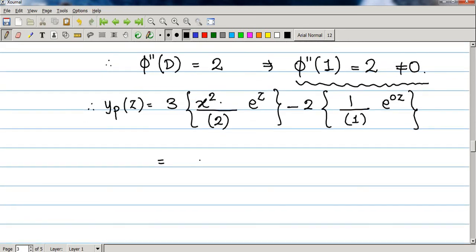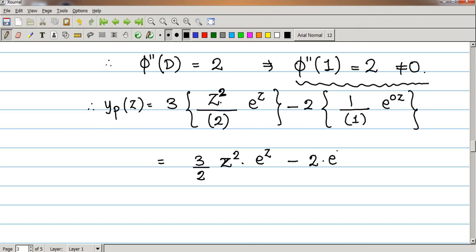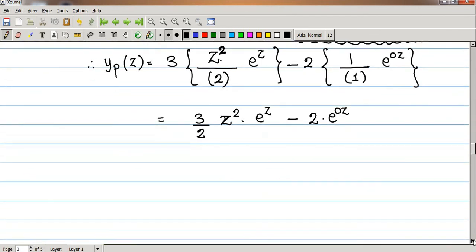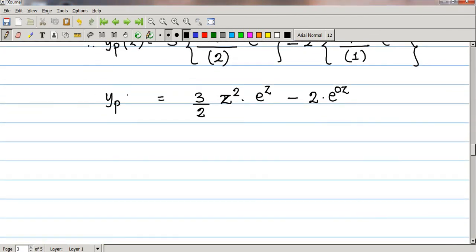Okay, there is a little correction here. Since we have differentiated the auxiliary equation 2 times and our independent variable is z, we take z square upon 2 into e raised to z. So this will be 3 by 2 times z square into e raised to z, minus 2 times e raised to 0z. So this is your required value of the particular integral in terms of z.